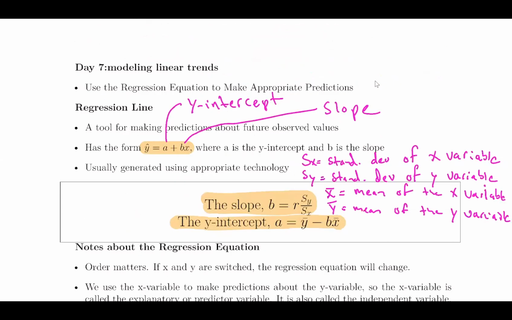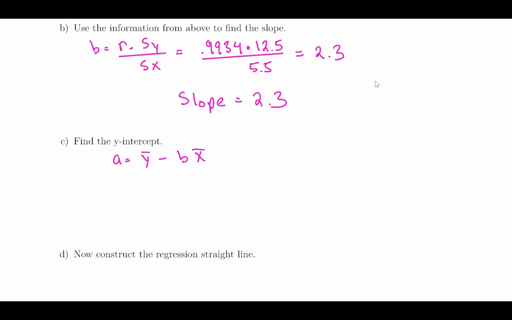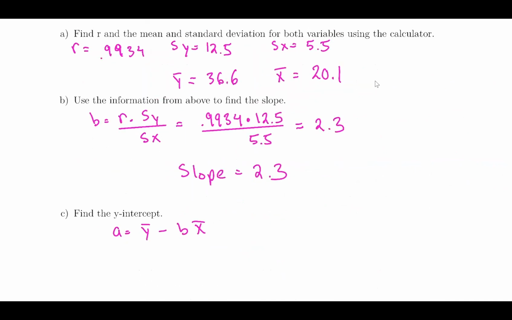So let me just double check that. Yeah, there you go. So for the y-intercept, we just want to substitute everything in. So first thing we want is y bar. Y bar was 36.6.